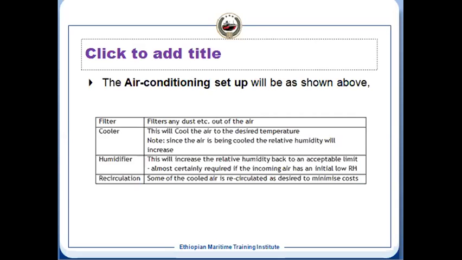We'll have to add moisture. So we spray through the nozzle, whether it is fresh water or steam. The outside temperature is hot, so we use water for the humidity. After that, recirculation. This is the process we follow if the outside air is hot and dry.